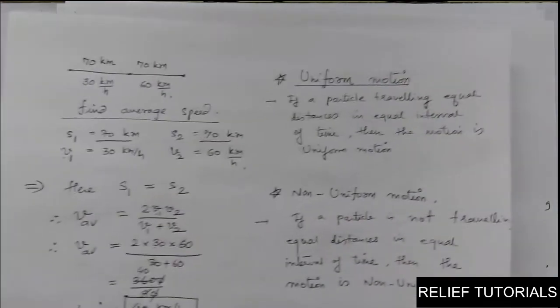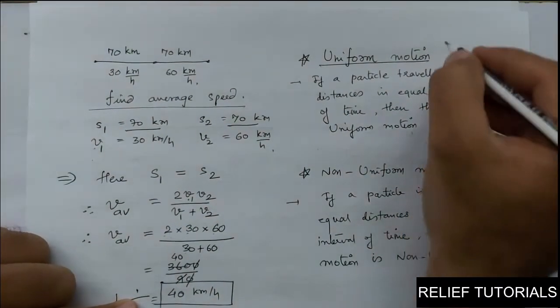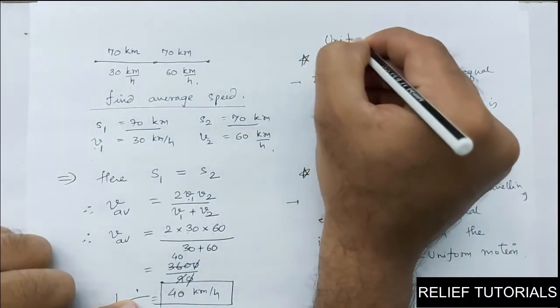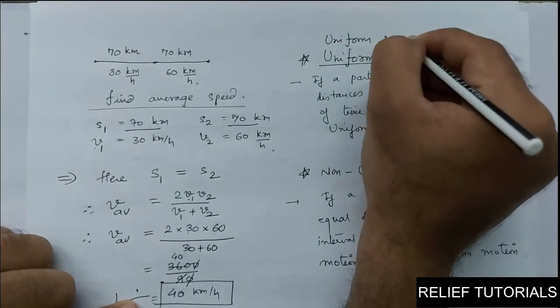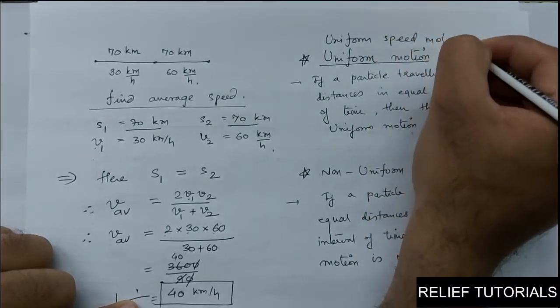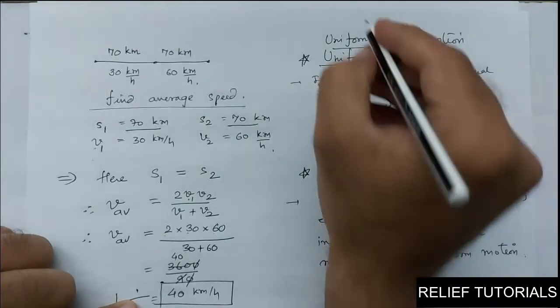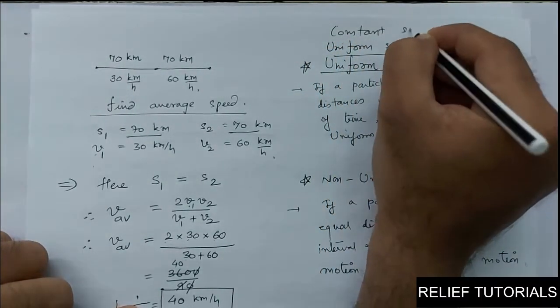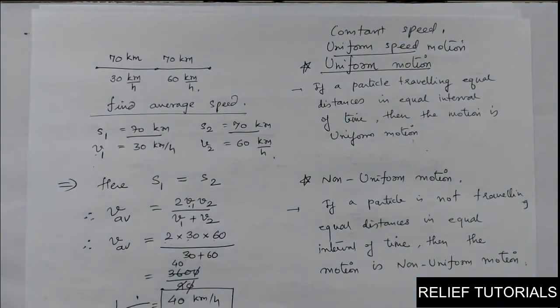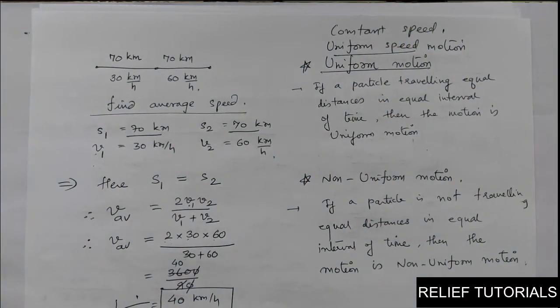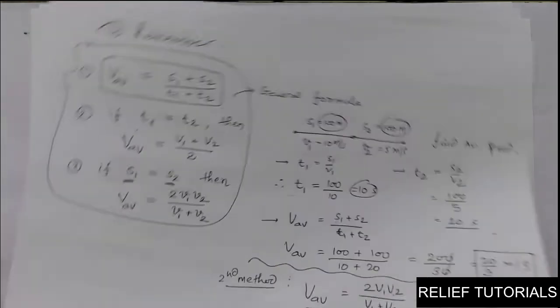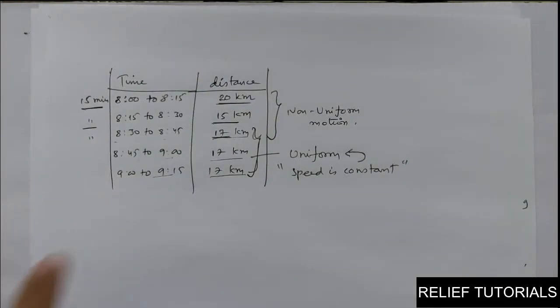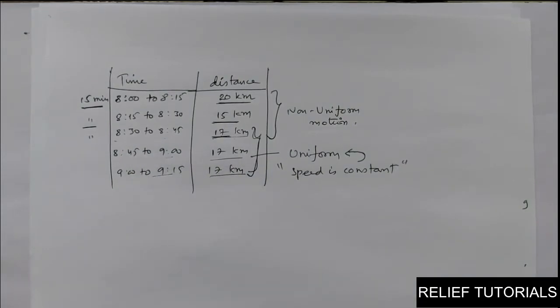So here uniform motion, we have seen the definition already. Uniform motion is also called uniform speed motion, or constant speed motion. Three different words for that: uniform motion, uniform speed motion, or constant speed type of motion. Because in this uniform motion we have seen equal distances traveled in equal intervals of time, it means the speed is also the same.